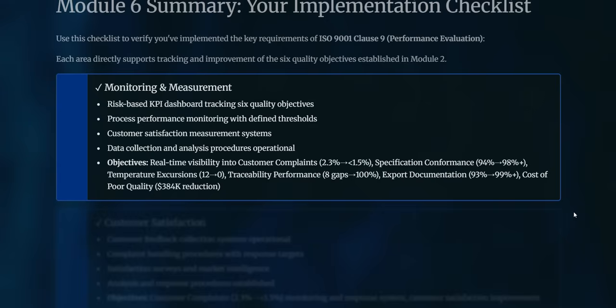Your monitoring and measurement must also cover data collection and analysis procedures being operational. The objective is real-time visibility into your objectives. In our case, include customer complaints, specification conformance, and so on.